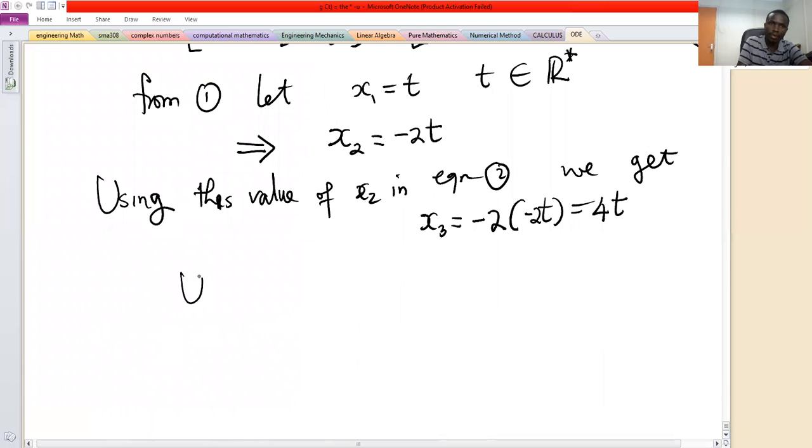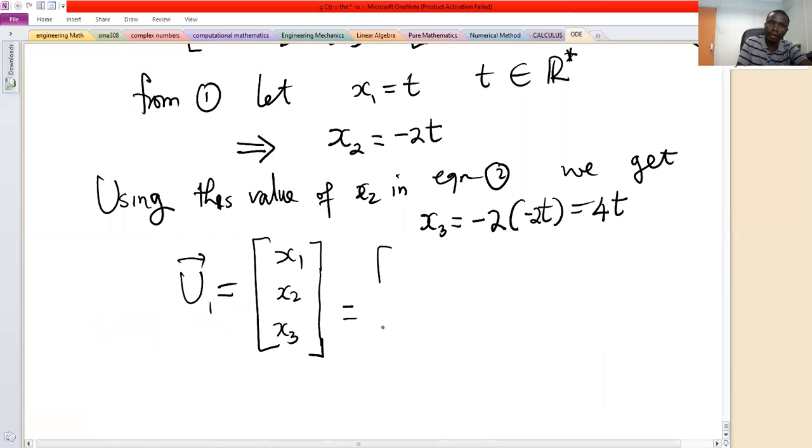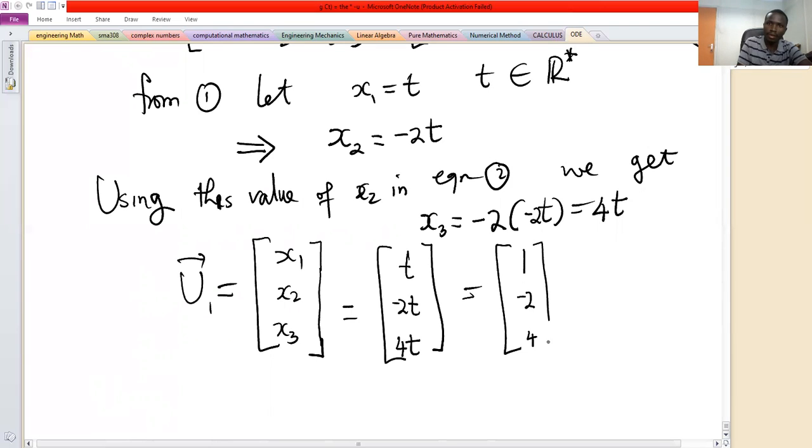So therefore, u1, which is x1, x2, x3, is given by x1 is t, x2 is minus 2t, x3 is 4t, which can be written as t times 1, minus 2, 4, and this t is a non-zero real number.